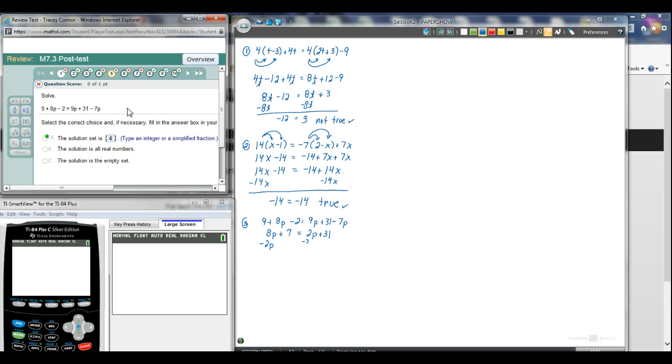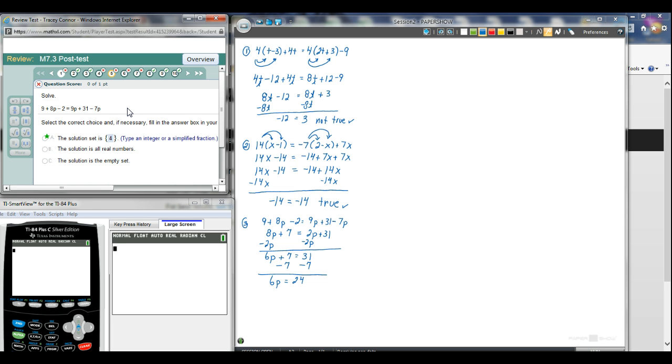It doesn't matter which side you pick; I just like to put them on the left. So I have 6p plus 7 equals 31. Then I want to get my numbers on the right side, so I subtract 7 because it'll cancel it out. Whatever I do to one side, I do to the other. So I have 6p equals 24.